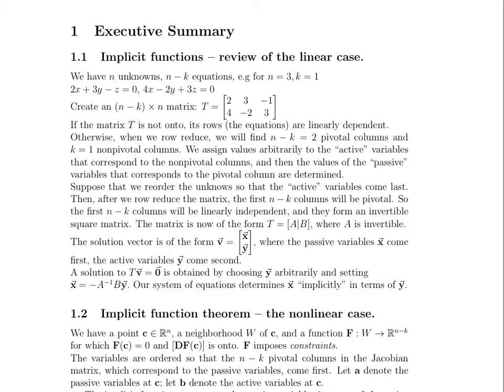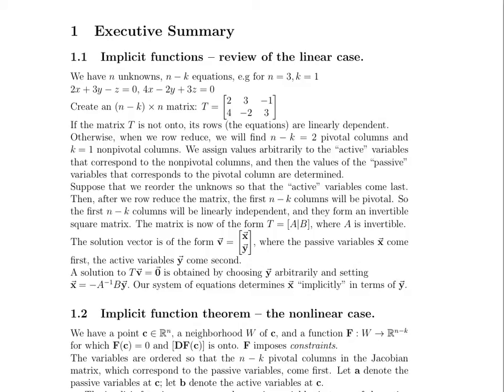They're basically saying the same thing, only the whole thing is just multiplied by a scalar in one of the other rows. If we don't have that, when we row reduce, we'll find that we'll have n minus k, in this case 2 pivotal columns, because we can't have 3 pivotal columns here. We don't have enough rows for there to be 3 pivotal columns. So we find that we have 2 pivotal columns and 1 non-pivotal column.